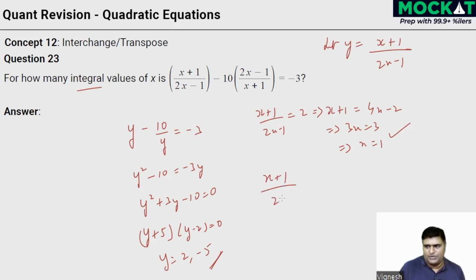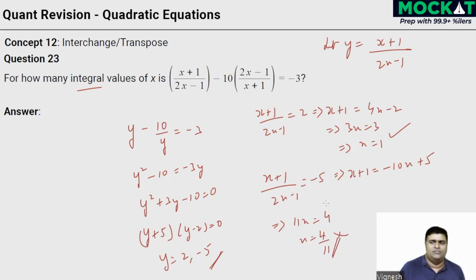The next one, x plus 1 by 2x minus 1 equals minus 5. What are we getting here? x plus 1 equals minus 10x plus 5. 11x equals 4. x equals 4 by 11. No, it's not an integer. So the answer is 1. Only one integer value is there for x.